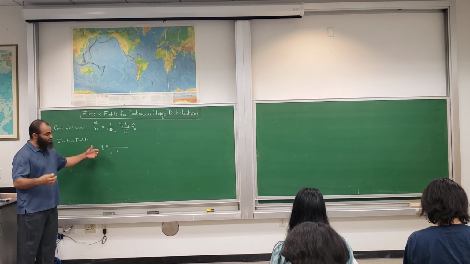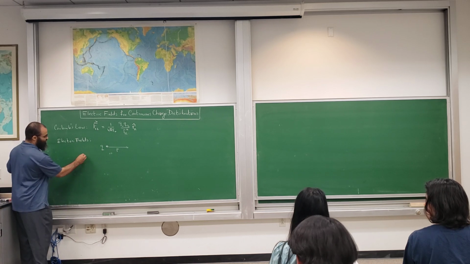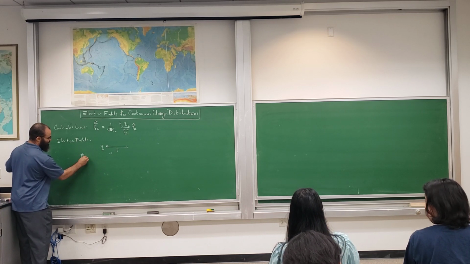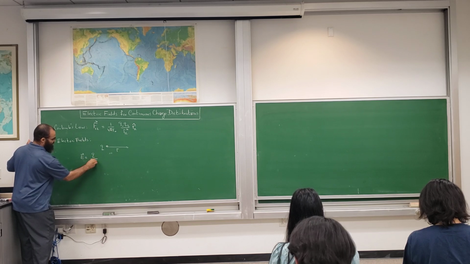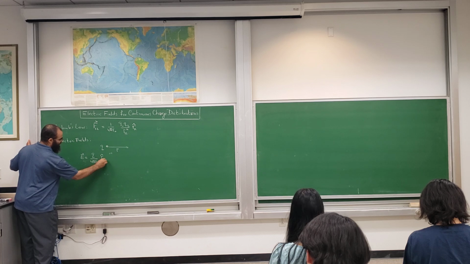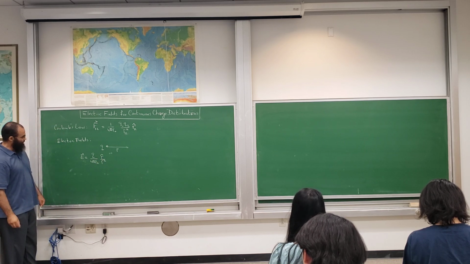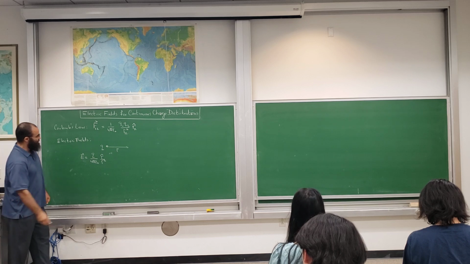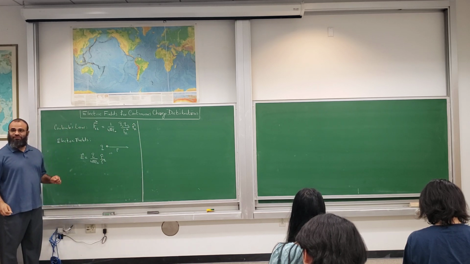If it's negatively charged, then the electric field will be towards the charge. And the electric field for a point charge is Q over 4 pi epsilon naught, r hat divided by r squared. That's the electric field for a point charge. And so far so good, right?